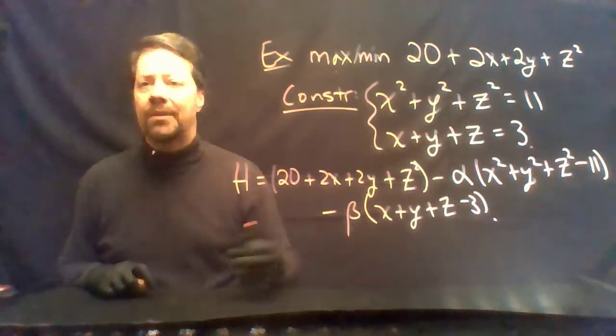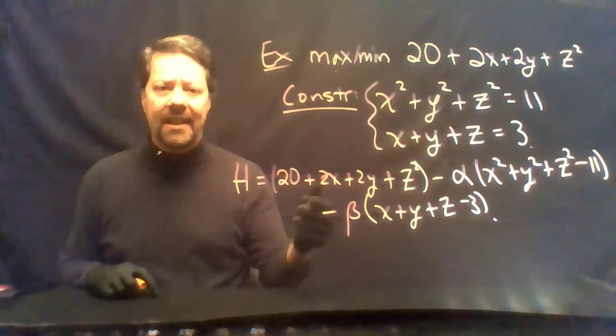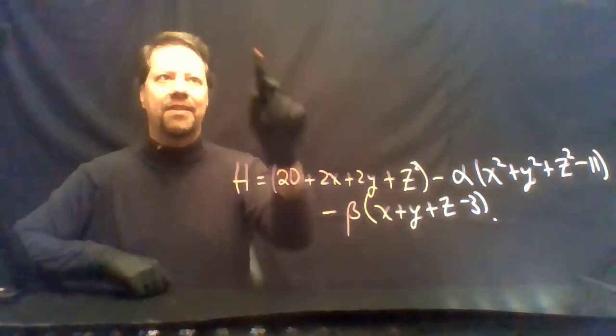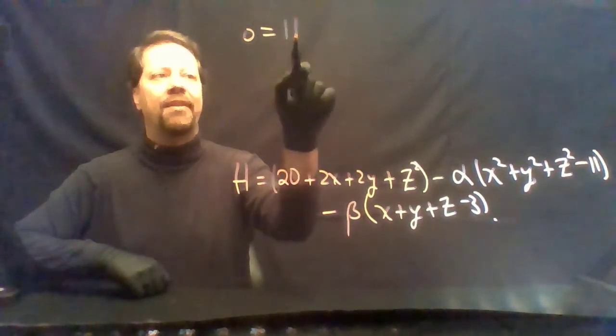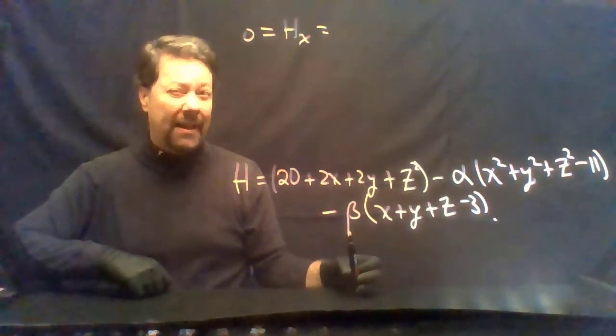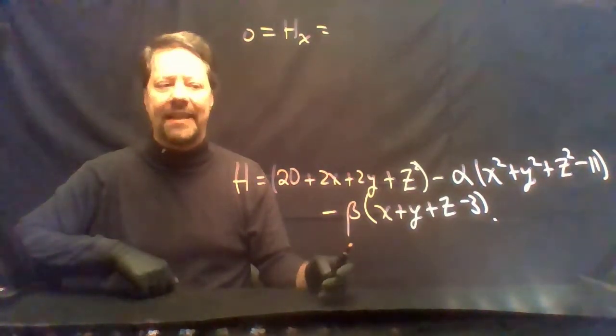There are 5 variables this time, x, y, z, and alpha and beta. We find the critical points of h by calculating the partial derivatives, setting them equal to 0, and solving for x, y, and z, eliminating alpha and beta.